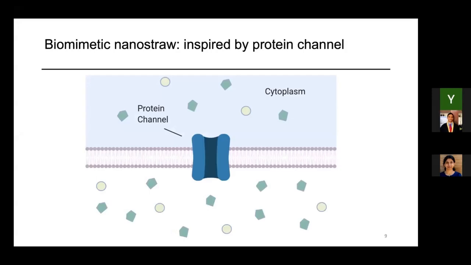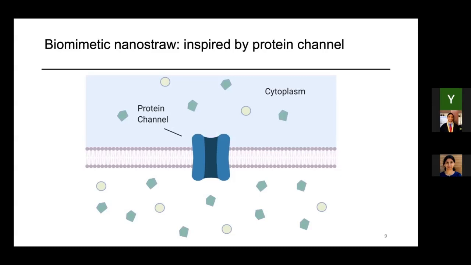The very initial idea to build the system came from the inspiration of the protein channels on the cell membrane. This nanoscale intracellular junction provides fluidic access and promotes molecular exchange.